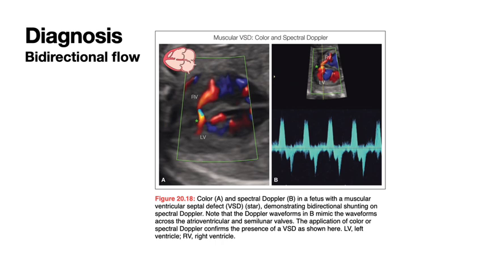All you can see is turbulence across the septum, but when you put on the spectral Doppler, you can see that it goes to and fro. In fact, one of them, the part below, is the E and A of filling, and then what happens is the one that is during systole, you can see it goes the opposite direction. So in general, during diastole, it goes right to left, and during systole, it goes left to right.